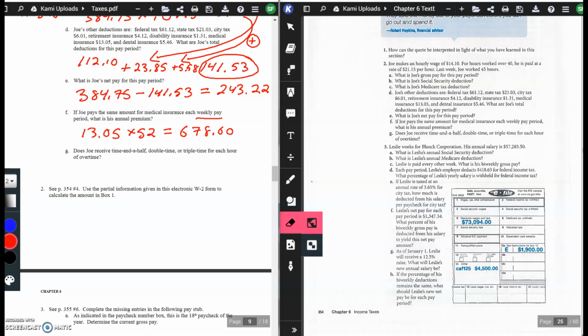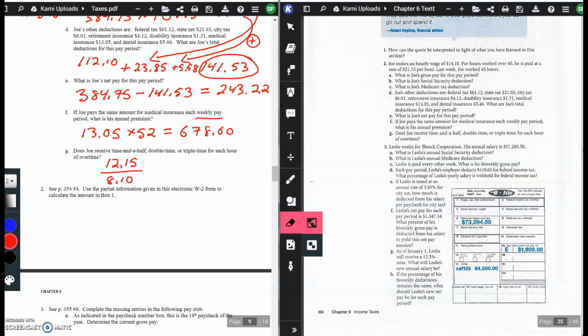Part G. Does Joe receive time and a half, double time, or triple time for each hour of overtime? Okay, so you're going to take your overtime pay, which again we listed above in the top part. He is paid at a rate of $12.15 per hour for overtime. And we divide that by his regular pay, which is $8.10.